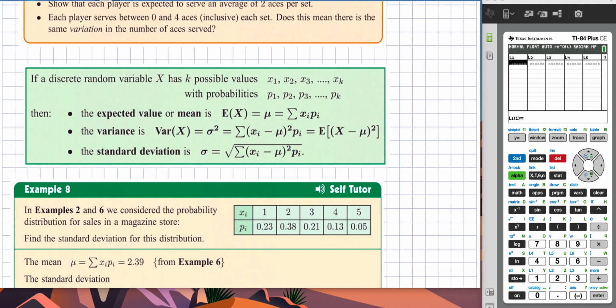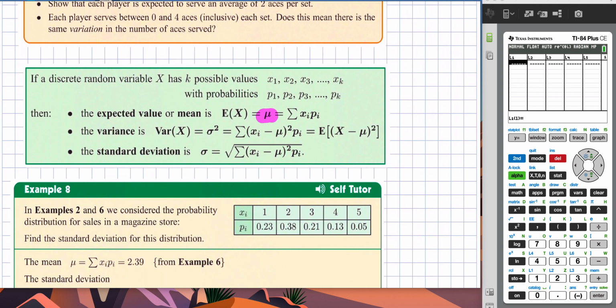We've already seen the expected mean, remembering that we do use this symbol regularly for mean now, mu. And it's just the sum of each value times its probability, as you go through all the possible outcomes for it. We've done that already. You'll notice that it then tells us how to work out the variance. Don't worry about that. Let's just look at the standard deviation.